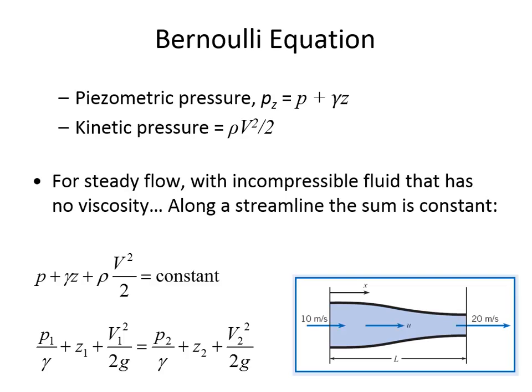And so, in other words, you can write Bernoulli's equation like this, or you could write Bernoulli's equation like P1 plus gamma Z1 plus the density of the fluid times V1 squared divided by 2 is equal to P2 plus gamma Z2 plus the density times velocity squared divided by 2.